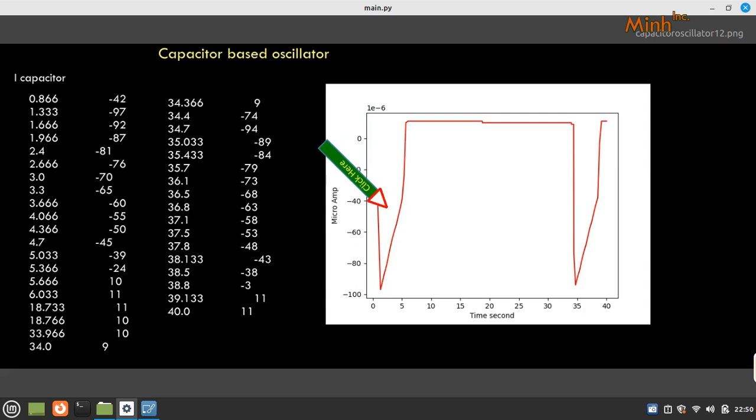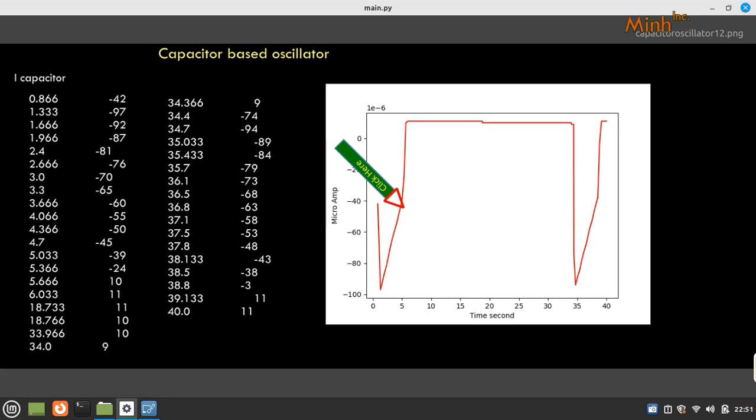So the capacitor is discharging, and from here it is charging. Okay, so we can say from here to here, while it is discharging, the current is negative.